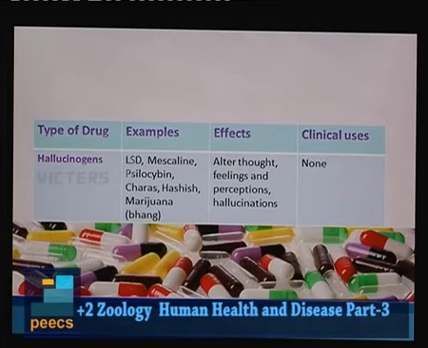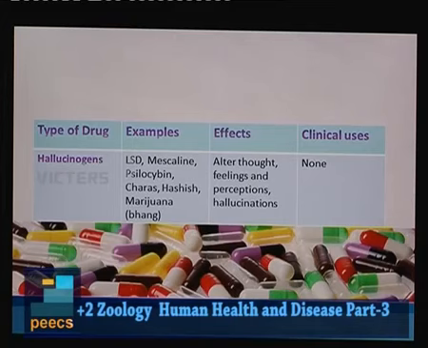From the fruiting body of Claviceps purpurea, we are obtaining LSD or lysergic acid diethylamide. Mescaline, psilocybin are all natural hallucinogens. Charas, hashish, marijuana or bhang, ganja are all obtained from the hemp plant or Cannabis sativa.